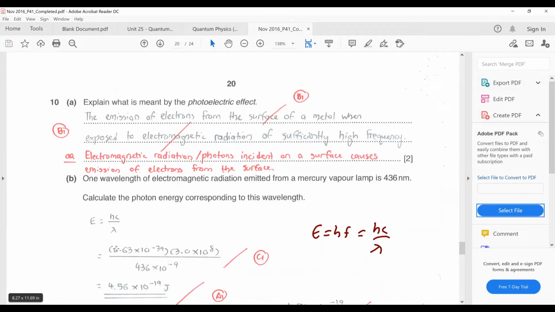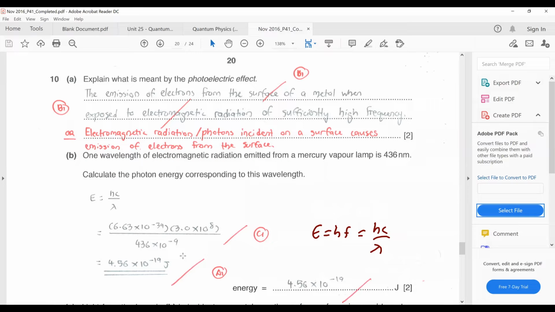Planck constant 6.63 times 10 power minus 34 is taken from your data sheet. Then you multiply with the speed of light, divide by the wavelength, and you get the answer as 4.56 times 10 power minus 19 joules. So that part is fine.